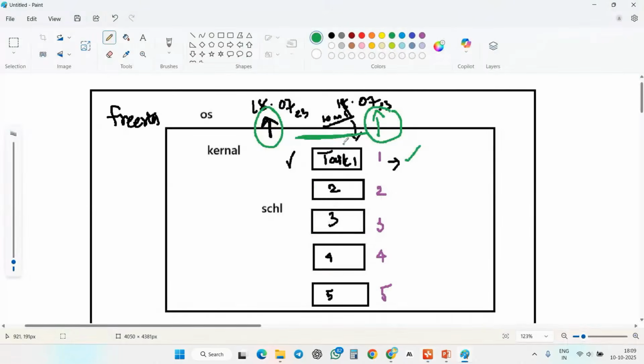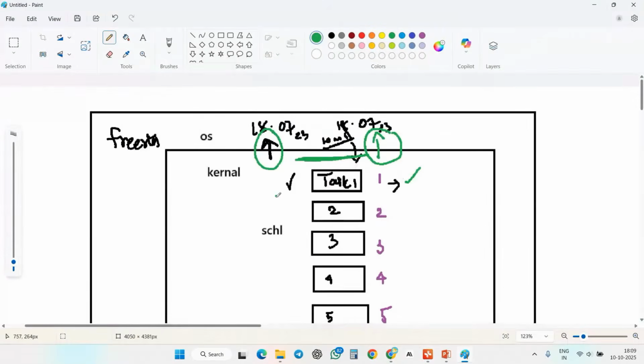Consider I'm going to do cooperative scheduling. What is the meaning of cooperative scheduling? When you have been allocated tasks with priority numbers, it works like this: when task one has been totally completed, only then does it move to task two.